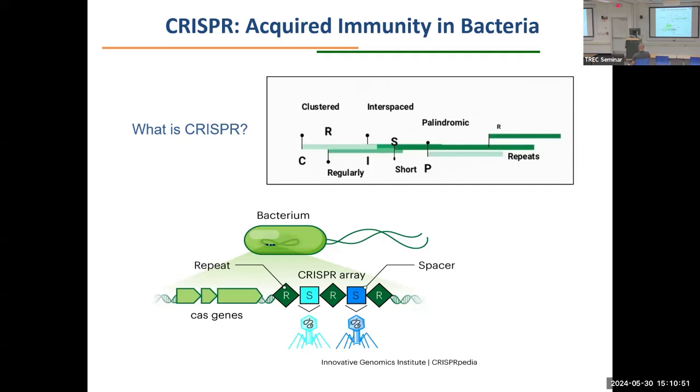This is the architecture of the CRISPR locus in the bacteria, which includes Cas9 genes here. And then they have some repeat sequences, and in between the repeat sequences, they have the spacer sequences. This whole locus is known as a CRISPR locus.